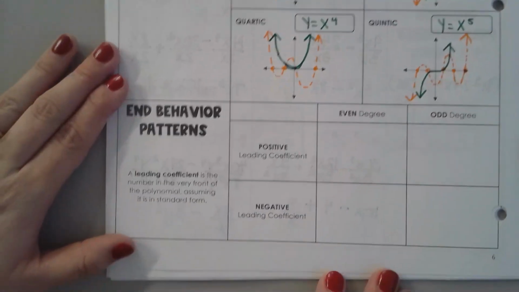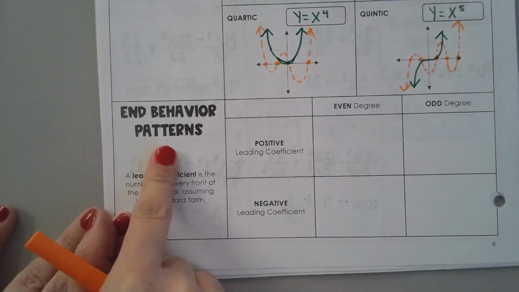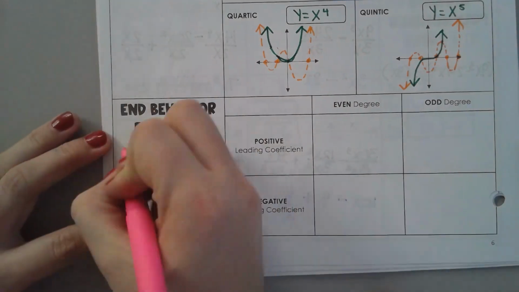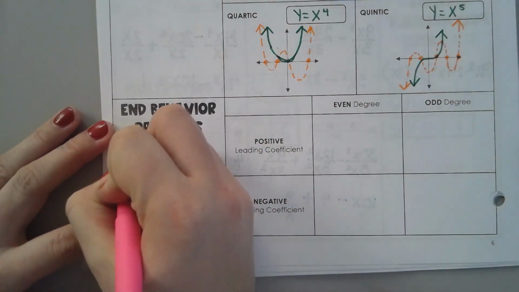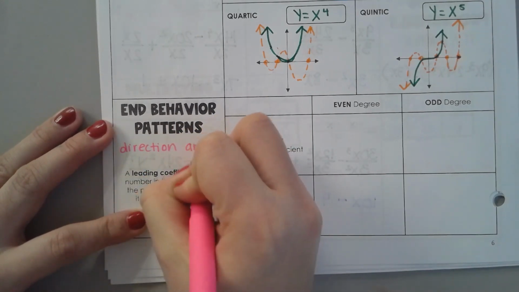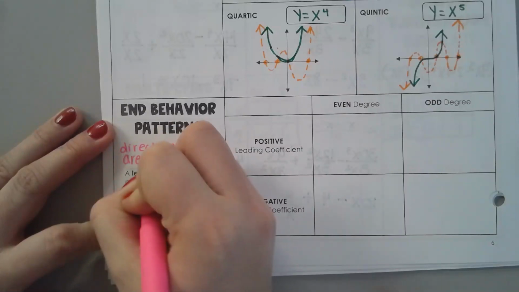And the first one is the end behavior. I'm talking about the direction the arrows are pointing.